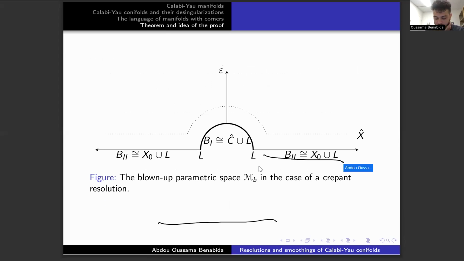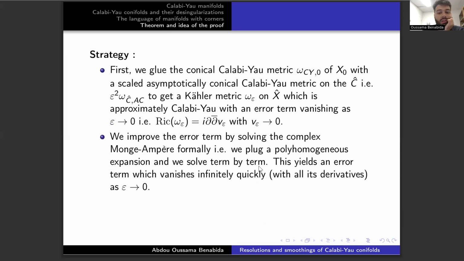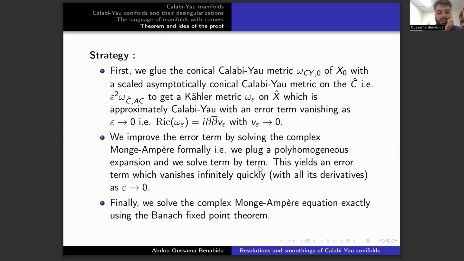We start with an appropriate metric on C hat, which exists by another result. We glue them together. This is conical, this is asymptotically conical. We glue the infinity of this with the singular point of this. And then we improve the error term by polyhomogeneous expansion, and then we solve by the Banach fixed point theorem.